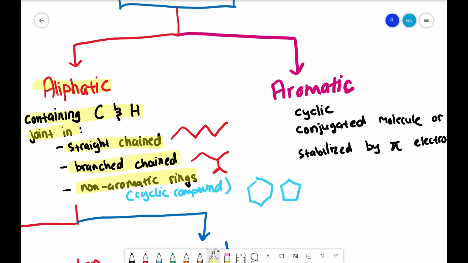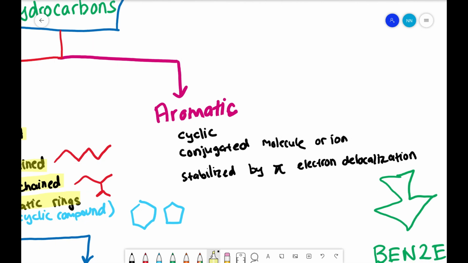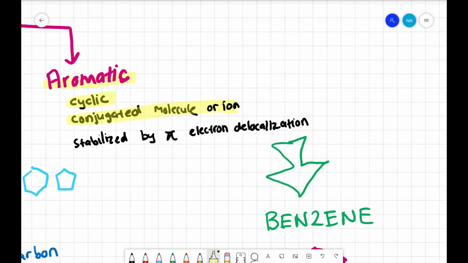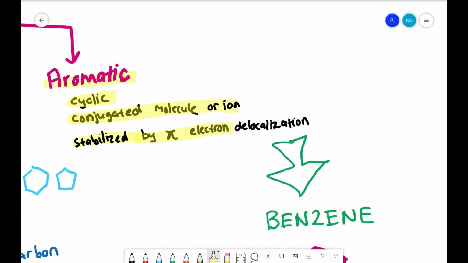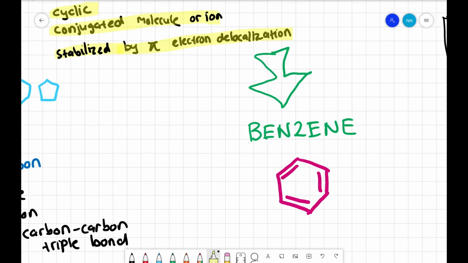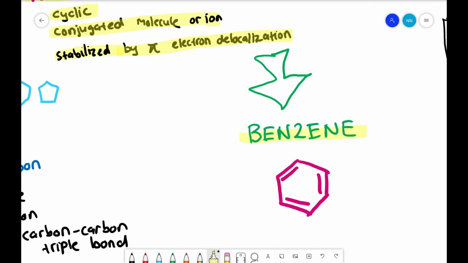While aromatic hydrocarbons have to obey a certain type of rules. The first one, they have to be cyclic, and then they have to be conjugated molecules or ions stabilized by pi electron delocalization. The best example for an aromatic compound is basically benzene. Why?